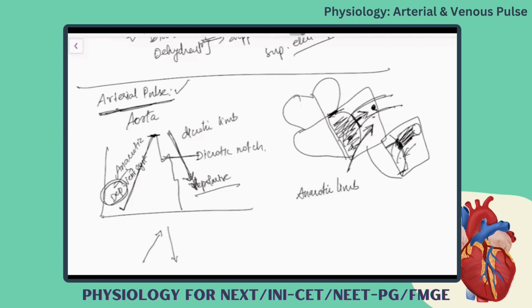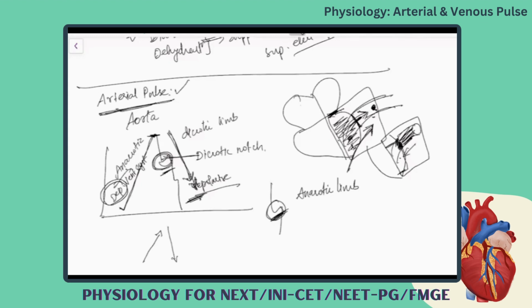But here, during the dicrotic limb, there is a specific significant location which is going to give you a notch. In the sense, at some point of repolarization, there is a small increase in the pressure in the ventricles, which is giving you a notch.